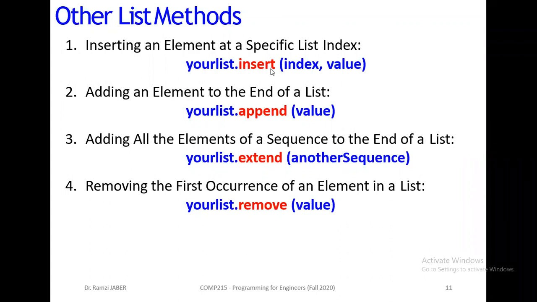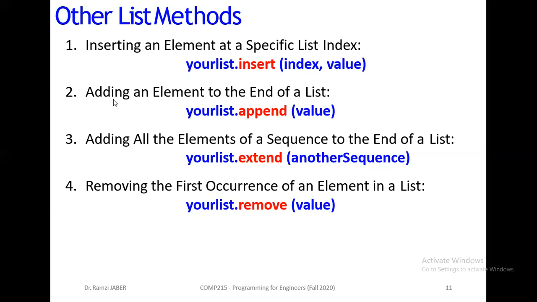You can put the index 0, 1, 2, 3. I want to add an element to the list at the first or second position or the last. We will give some examples on that.